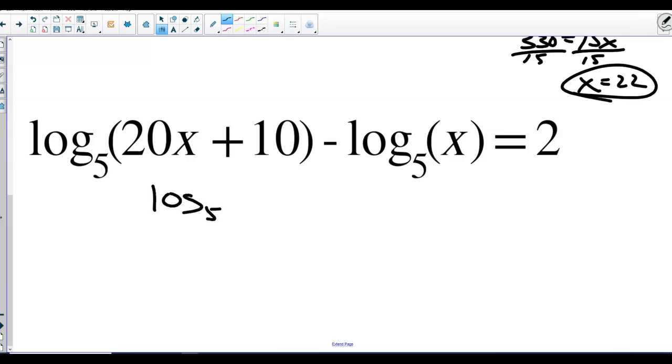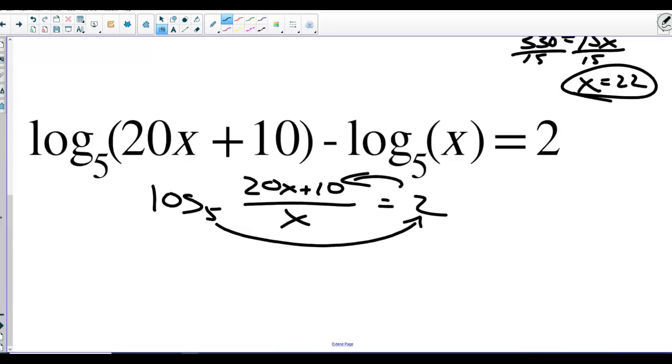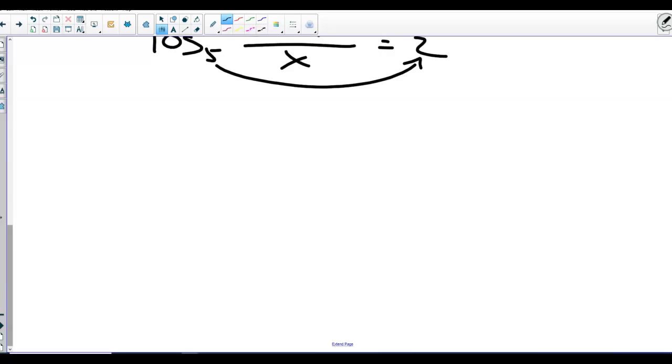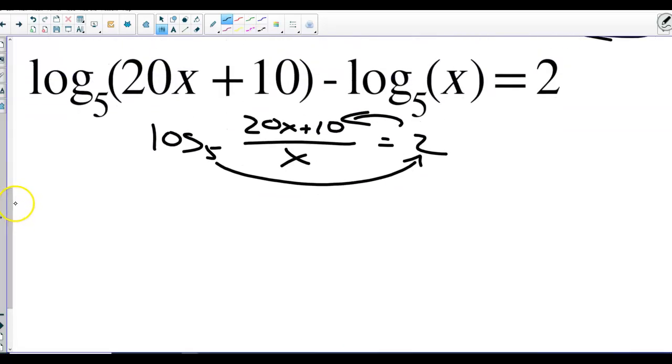Log base 5, 20x plus 10 over x equals 2, which means 5 squared equals the fraction. And once again, there's not a log on either side, so you just can't set them equal. So 20x plus 10 over x equals 5 squared, which is 25.